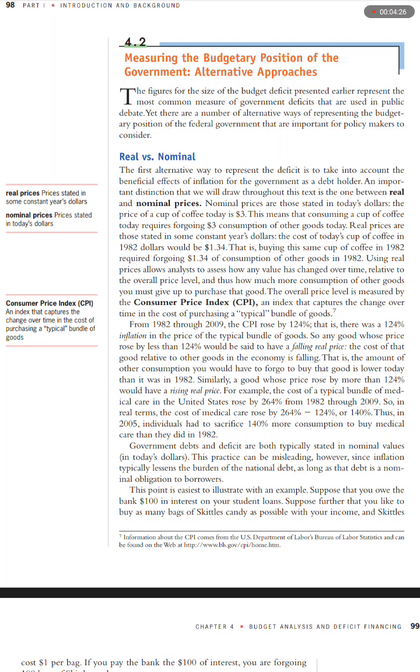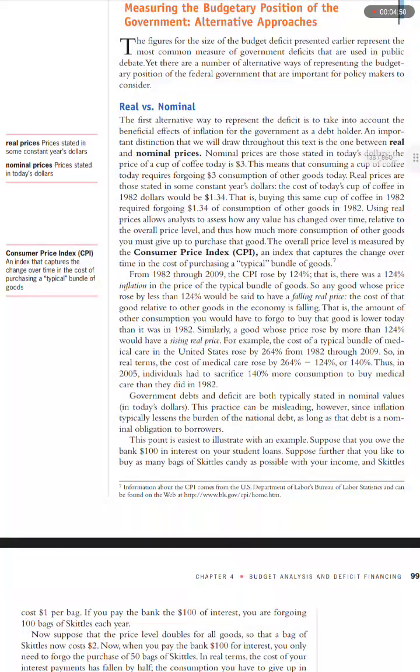Government debts and deficits are both typically stated in nominal values in today's dollars. This practice can be misleading, however, since inflation typically lessens the burden of the national debt as long as that debt is a nominal obligation to borrowers. This point is easiest to illustrate with an example.